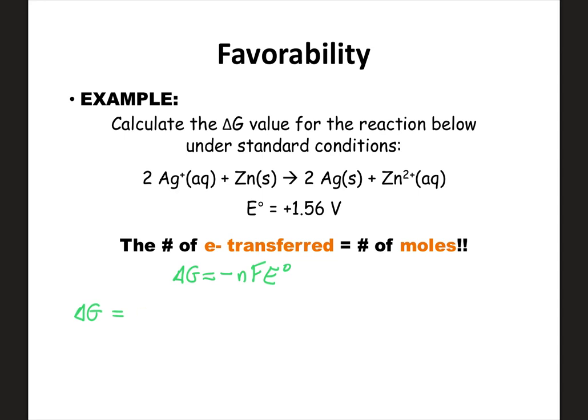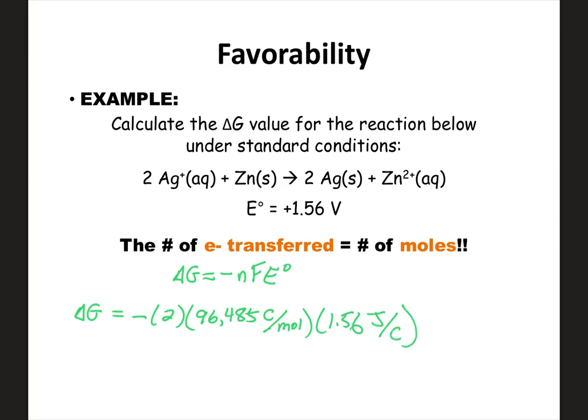All right, so we're going to have negative 2, times F, Faraday's constant, 96,485 coulombs per mole, times E naught, which we were lucky, they already gave us this. Sometimes you have to actually calculate this. It was 1.56 volts, which is the same thing, remember, as joules per coulomb.